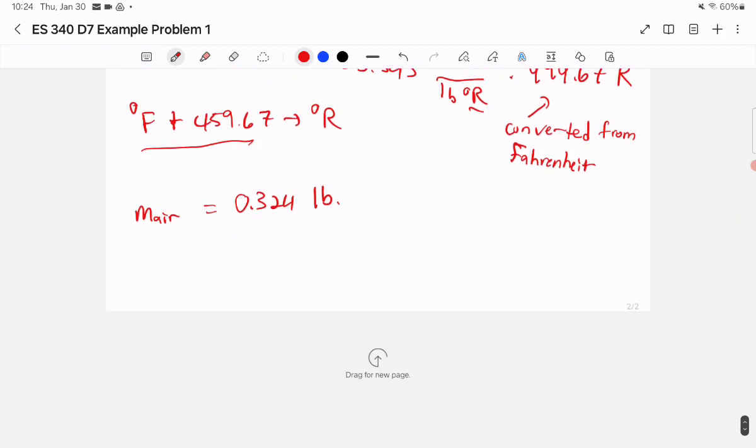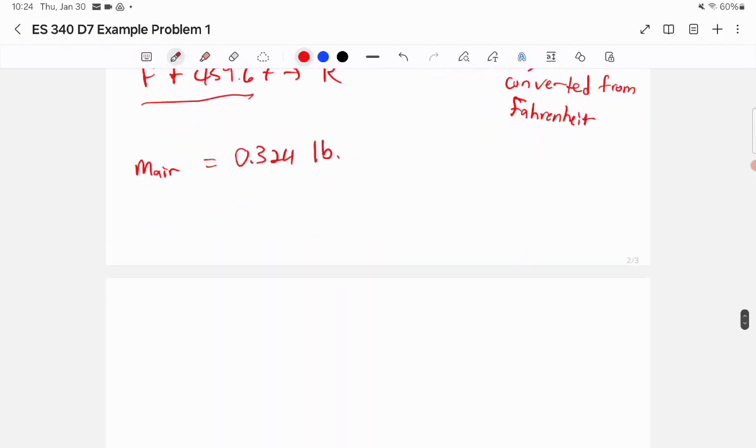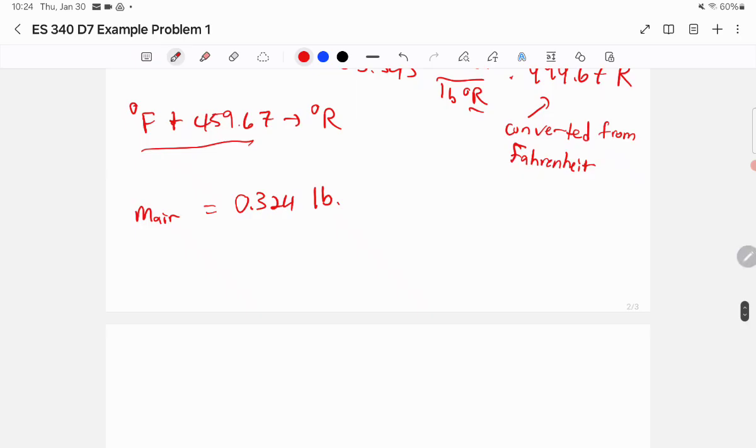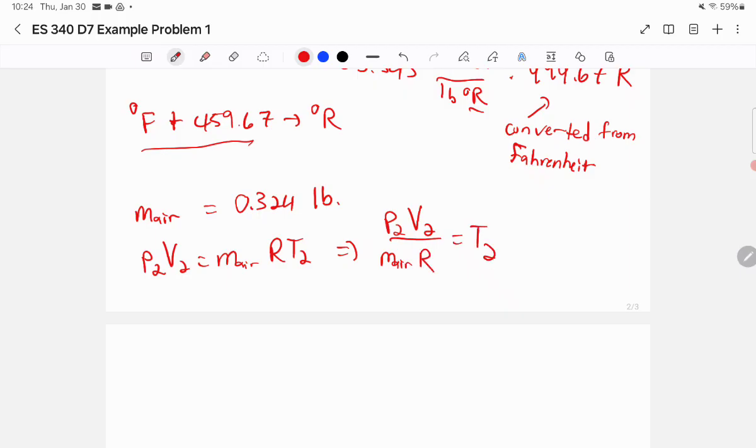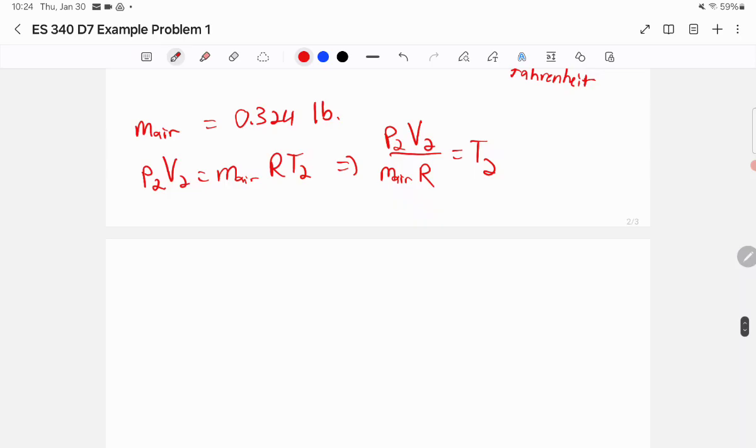Now, again, it's an ideal gas, so that means that P2V2 equal to m air R T2, which means that P2V2 over m air times R is equal to T2, and we can substitute this in now.